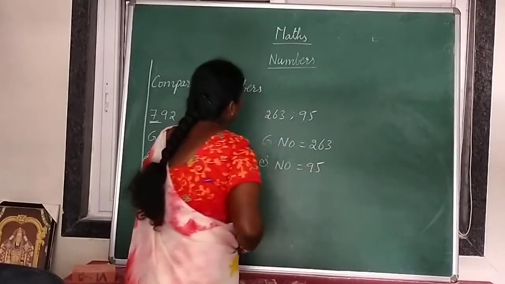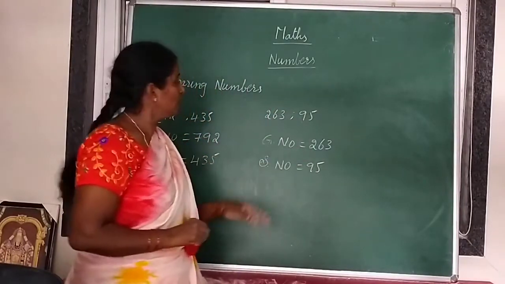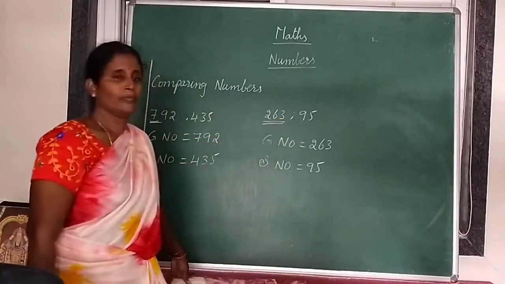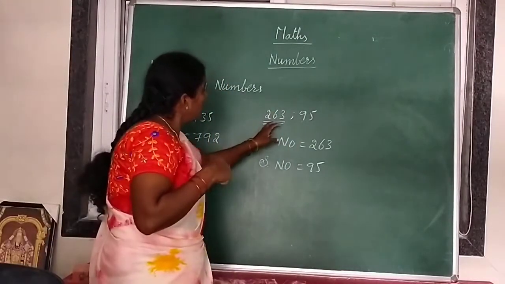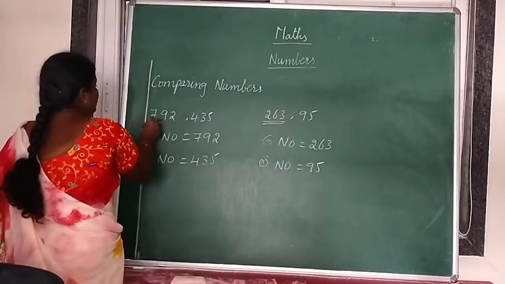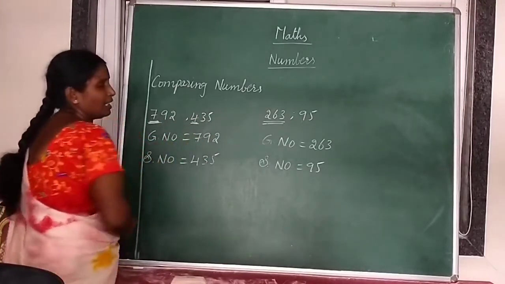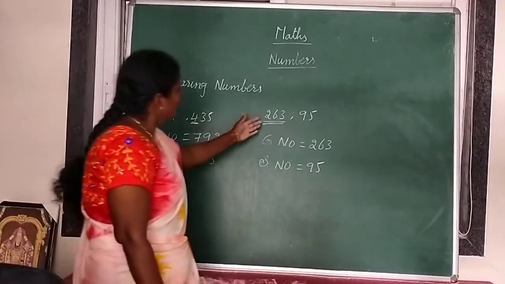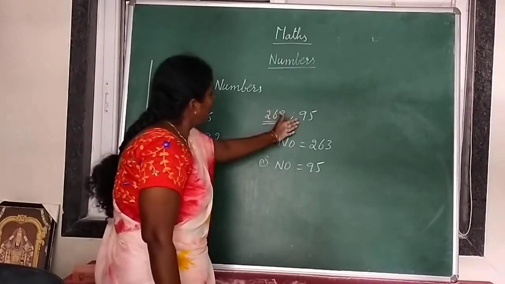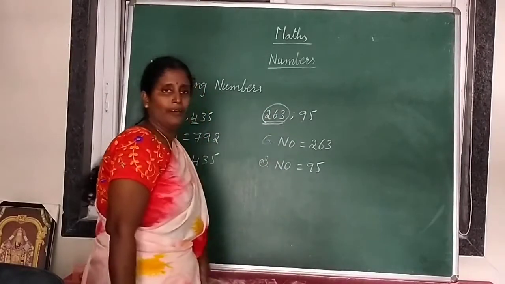95. Why here 2 and this is 9? 9 is greater now. How can you say 263 is greater than 95? Here you said 7 is greater than 4. Because of that, greatest number is 792. But in this, 9 is greater than 2. Even though you said 263 is greater than 95. How?